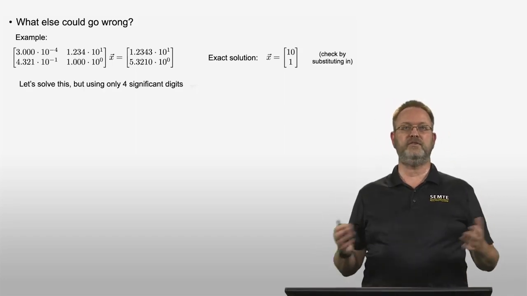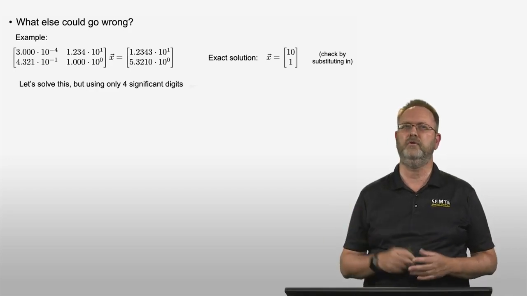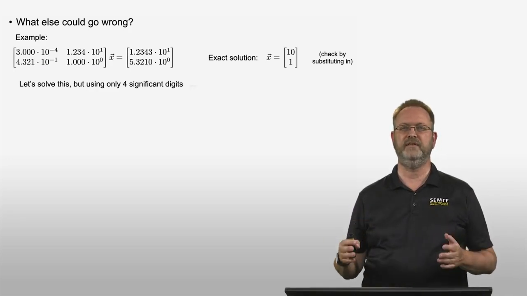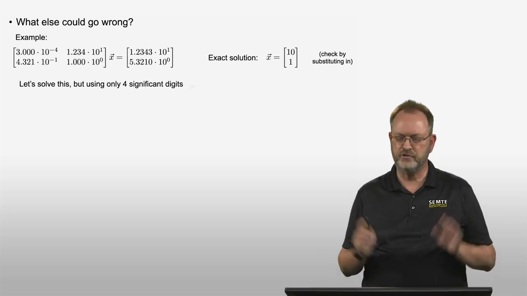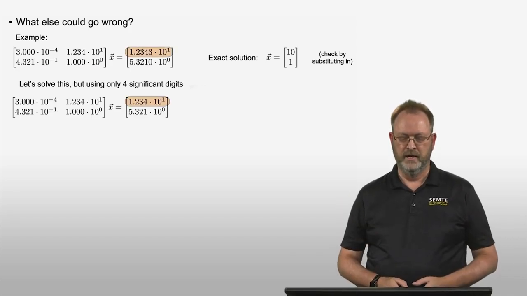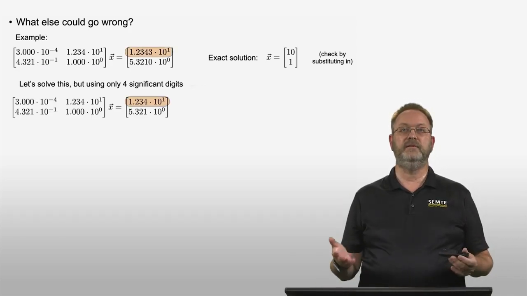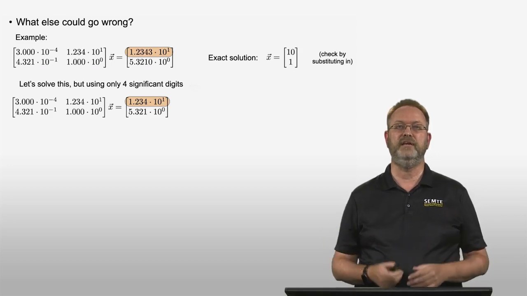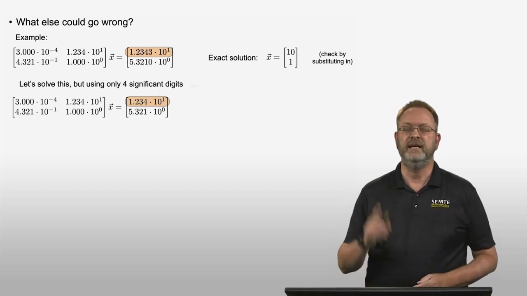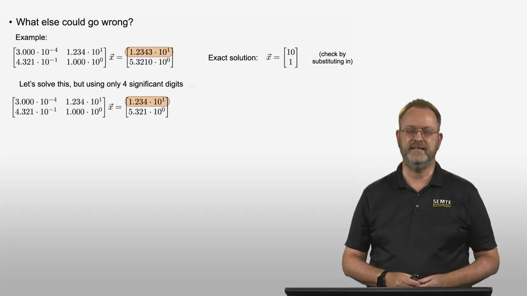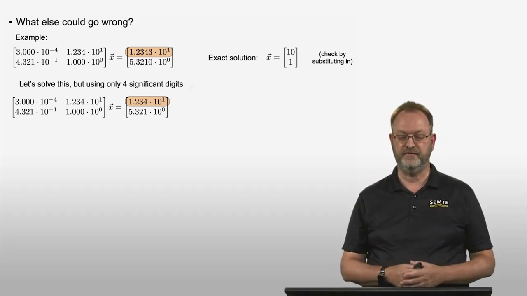Now, let's solve this, but we're only going to use 4 significant decimal digits, just to drive home a point. The only thing that will change in this matrix, if I round everything to 4 significant digits, is the first entry on the right-hand side, because it has 5 significant digits.